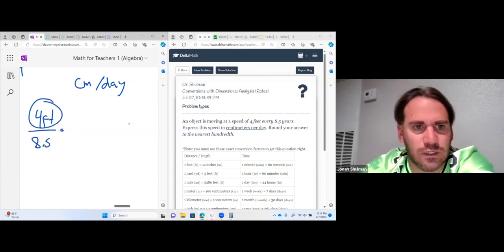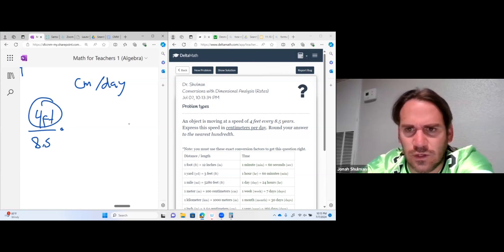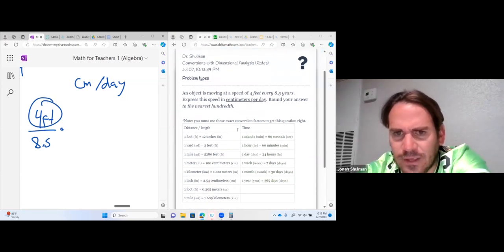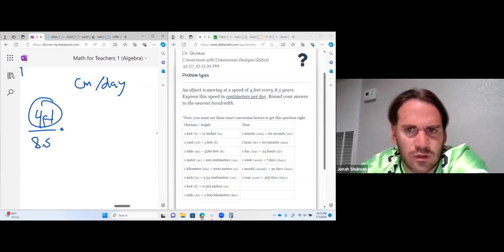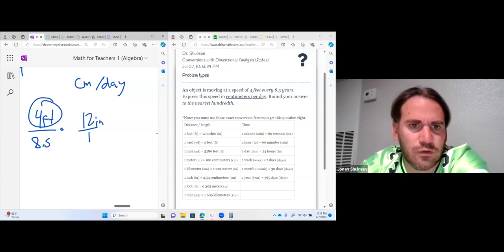So let's look at the feet. We want this to centimeters, so feet to centimeters. We want this first into inches, so we're going to do 12 over 1, so 12 inches over 1 foot. Those cancel. So now we have 48 inches.